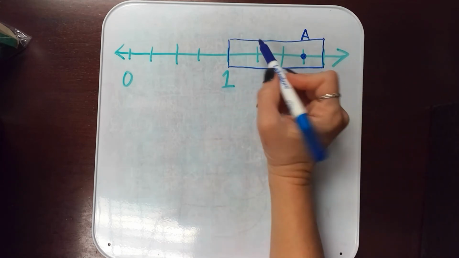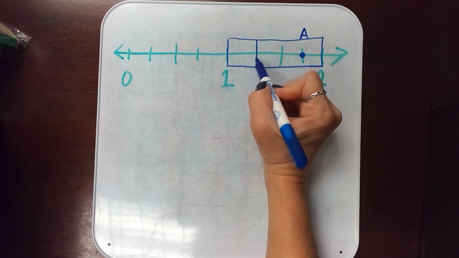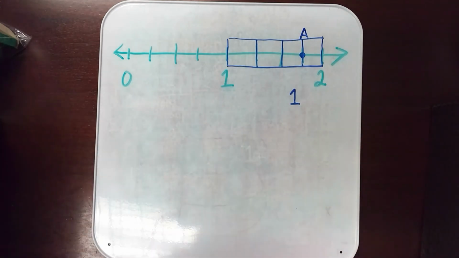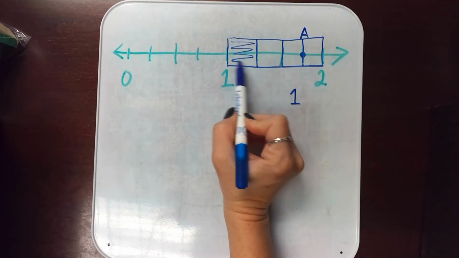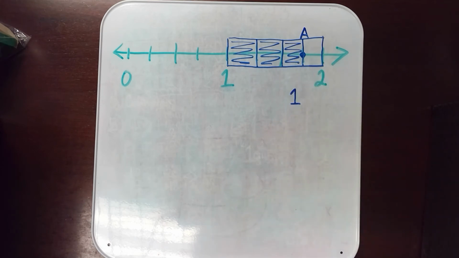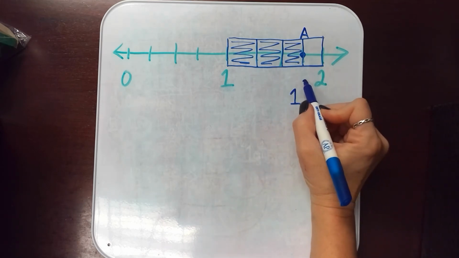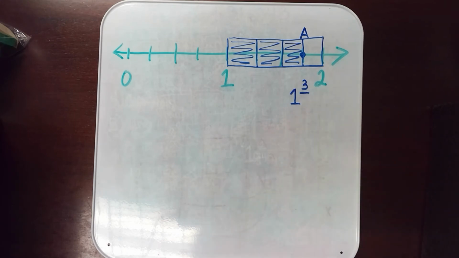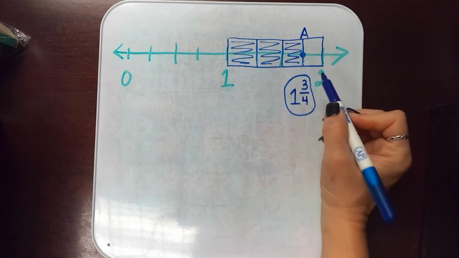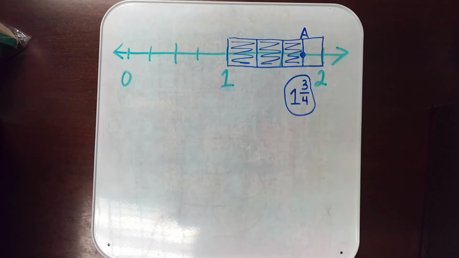Then find the lines on the number line and just create your fraction bar. And I can tell right there that the fraction bar is broken up into 4 equal parts. Then I'm going to shade up to my point. And so then it becomes very easy for me to see how many are shaded, 3. How many total parts were in the fraction bar, 4. So this point is 1 3/4 on the number line.